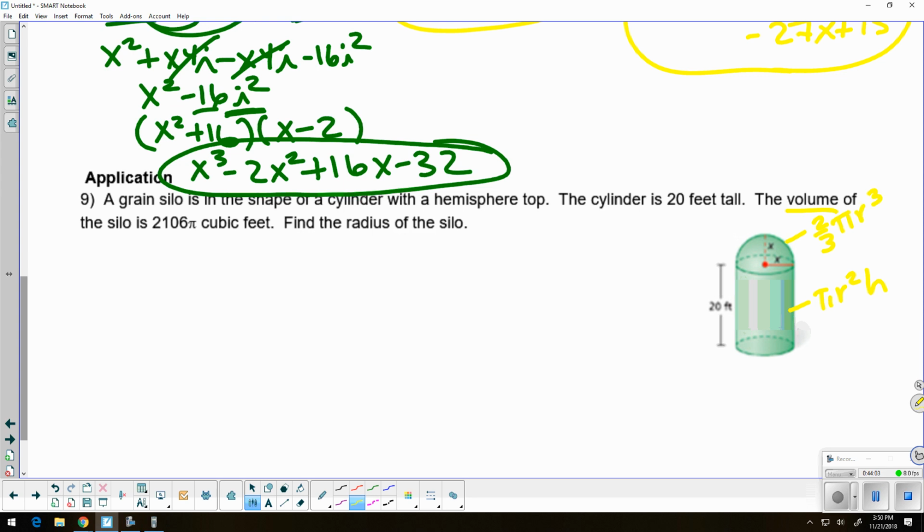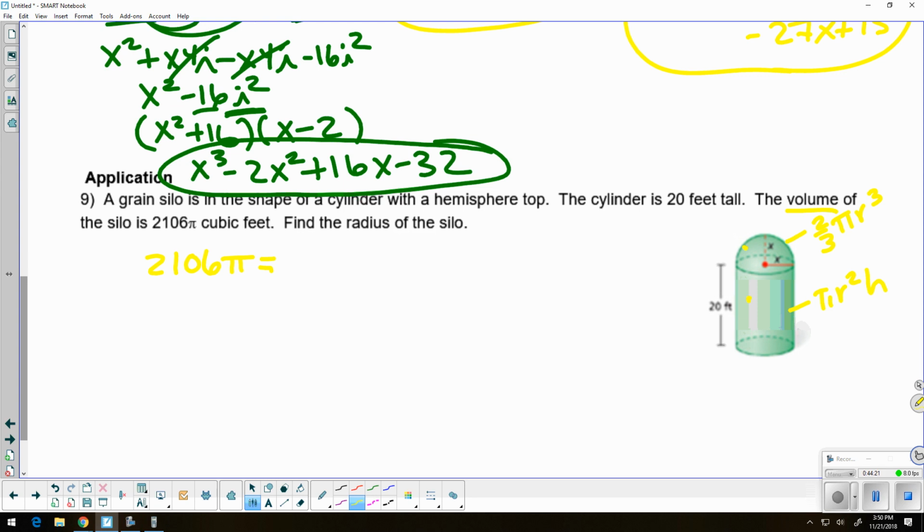The total volume, 2,106 pi, is equal to the sum of these two together.